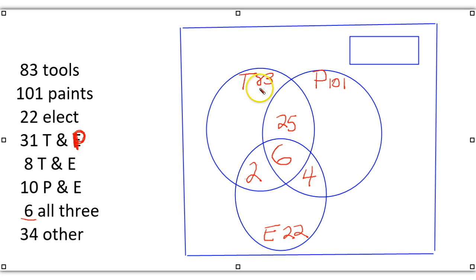Now we want to find out how many just purchased a tool. Well, these all purchased a tool, but other things, so we have to subtract this from our 83. And this adds up to 33. So 33 from 83 gives me a 50 here.